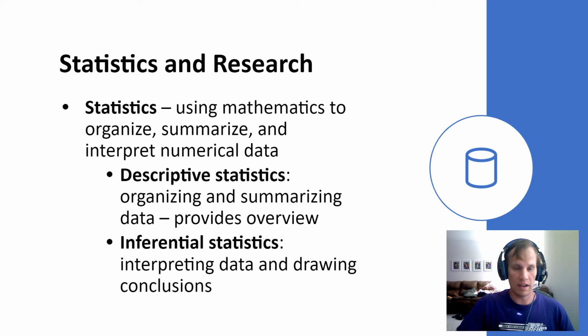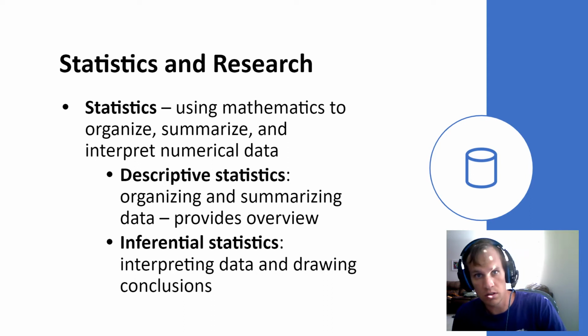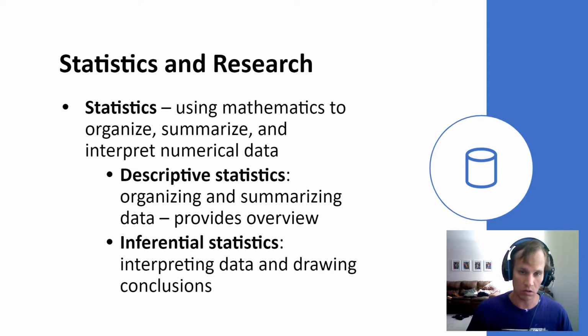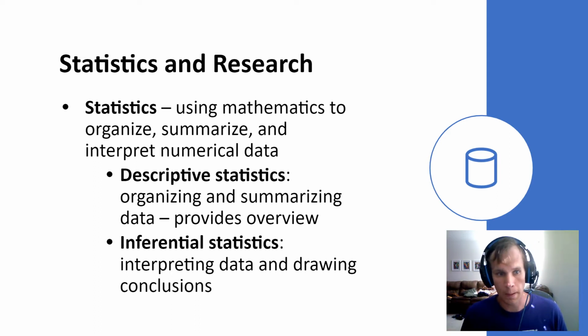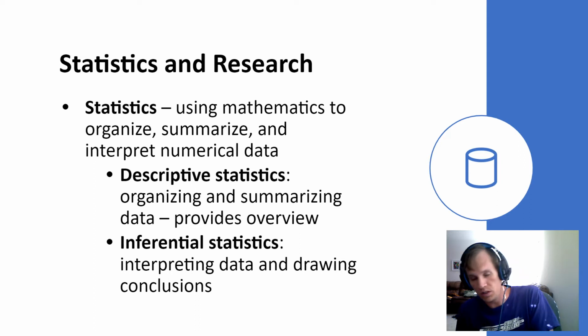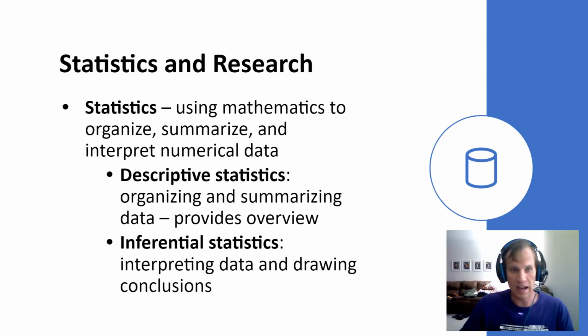So now I have that data. How can I use that to draw conclusions based upon my overall hypothesis? Does this prove it? Does it disprove it? What does this data mean? Okay, so we have descriptive statistics, looking at the actual data, and then inferential, to infer, to figure out, so what does this data mean now that I have it?